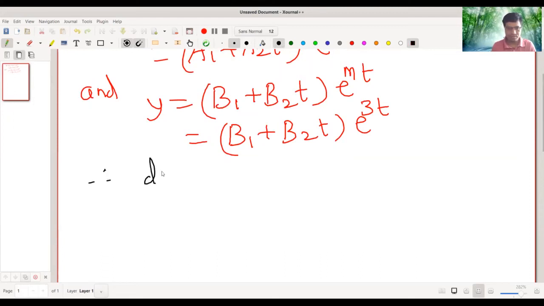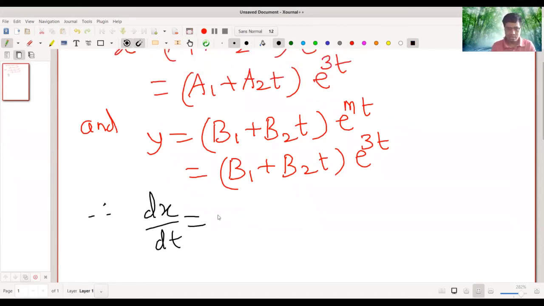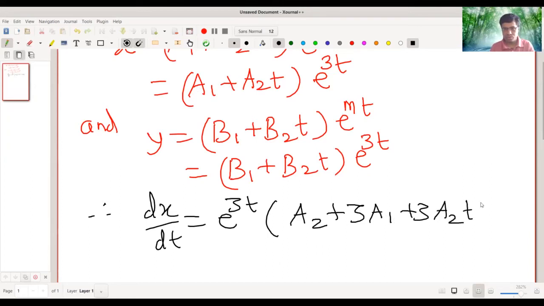Therefore, dx by dt equal to e raised to 3t into the differentiation of a1 plus a2t, that is simply a2, plus the differentiation of e raised to 3t, it is 3 e raised to 3t, so we have 3 into this term as it is, so 3a1 plus 3a2t.